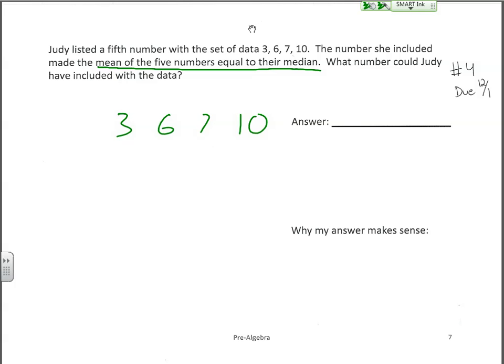Okay? So essentially what you're looking for here is a fifth number that will make the mean either 6 or 7, because those are your 2 possible medians. If you add a number greater than 7, your median will be 7.